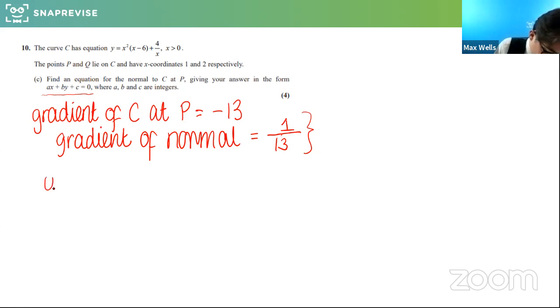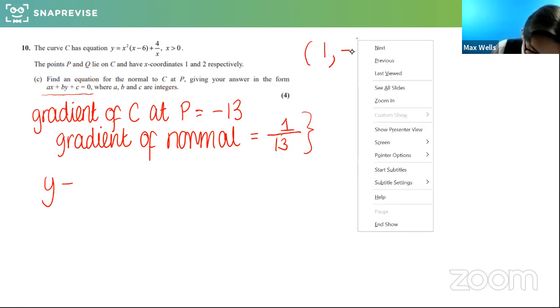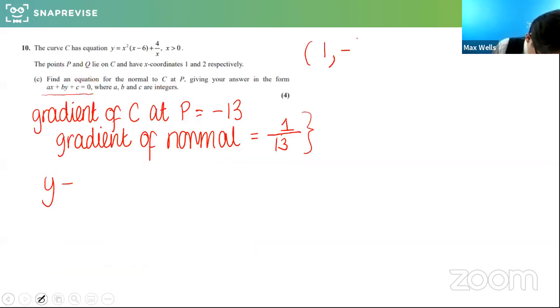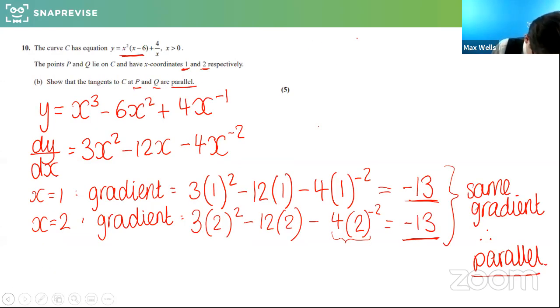And we often use y minus y1. So y minus the point we're dealing with. Let's remind ourselves that the point was 1, minus 1. Let's just double check, make sure we got this correct.